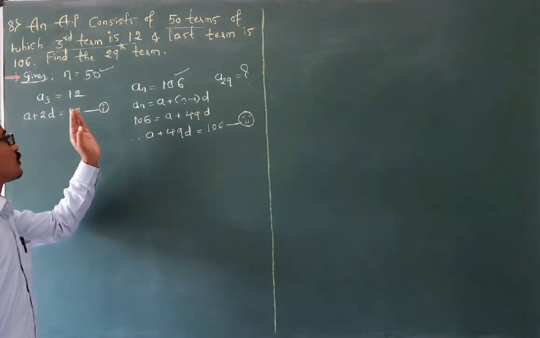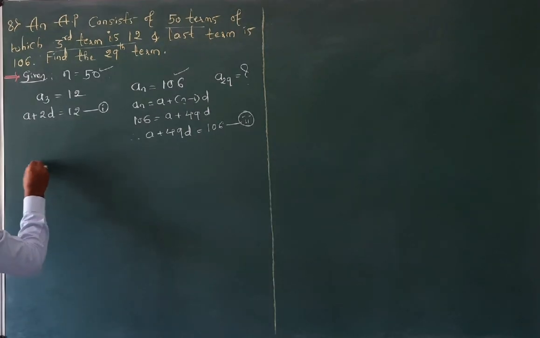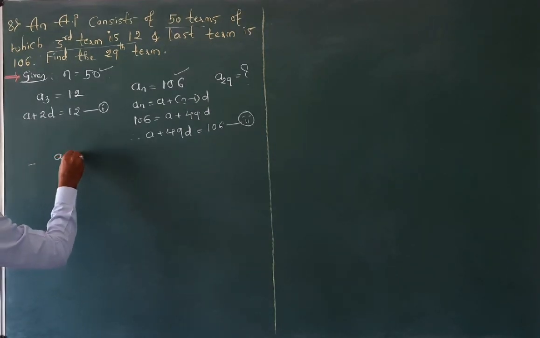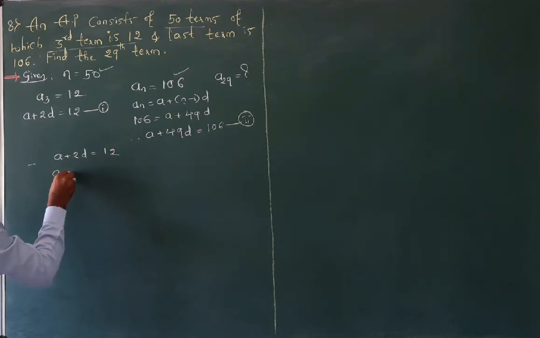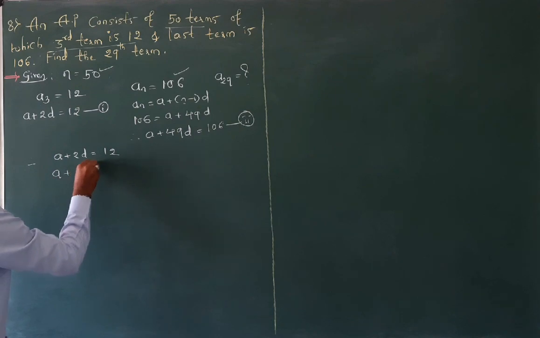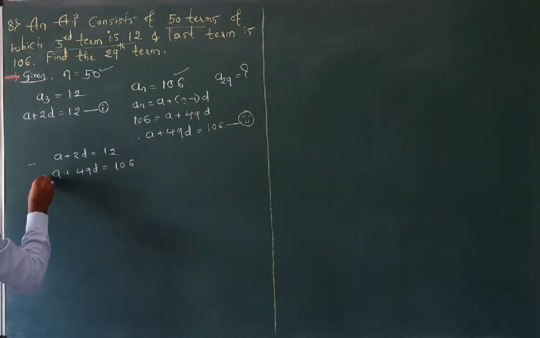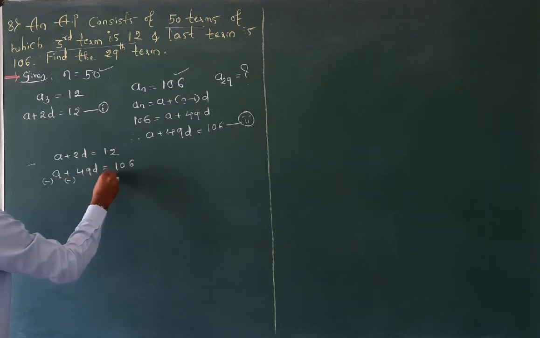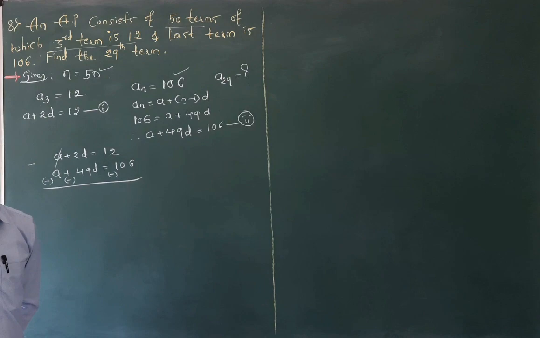By solving equations 1 and 2, you will get the values. So a plus 2d is equal to 12, then a plus 49d is equal to 106. Sign change here, minus. Plus a minus a cancels.